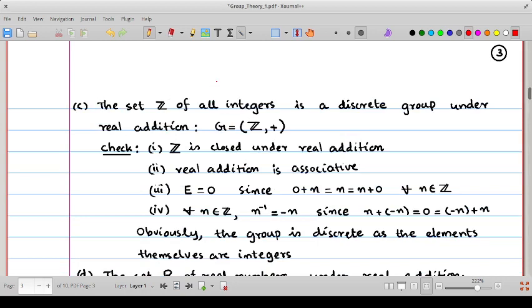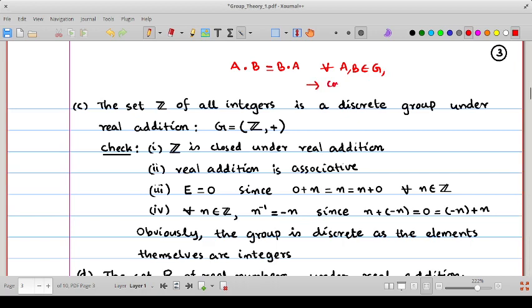We will now introduce another definition. If the group composition is such that for any 2 elements A and B of the group, A composition B is equal to B composition A, then the composition is said to be commutative.